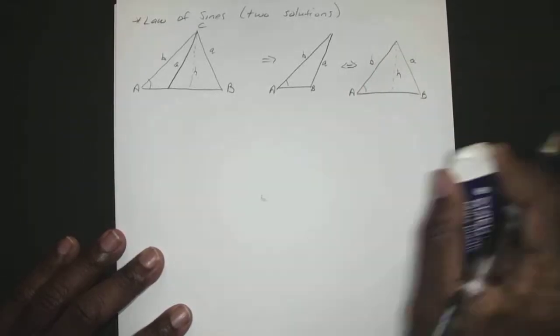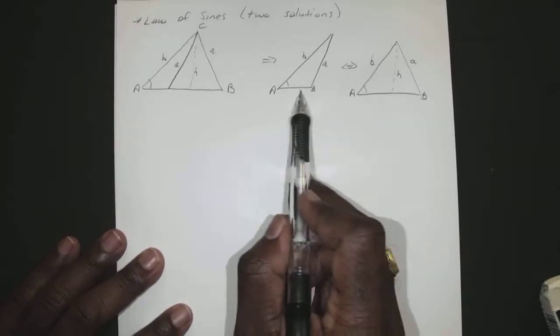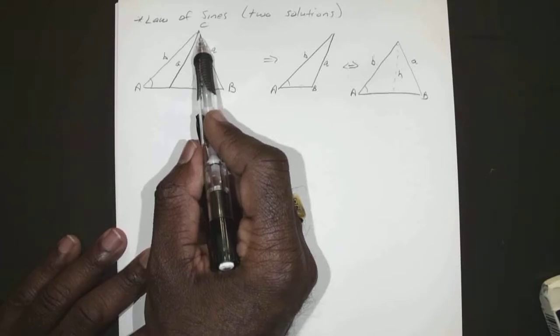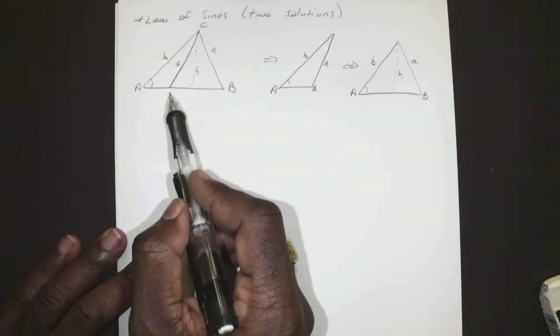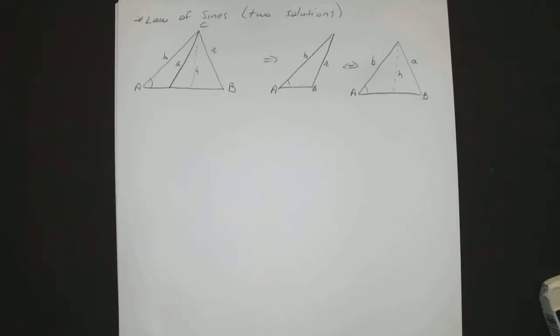Okay. So if you were solving for angle A, either one of these would give you the same angle. That means side A can be either over here or over here, and the angle A would be the exact same. So in this case, you'd actually have two solutions for all three triangles.